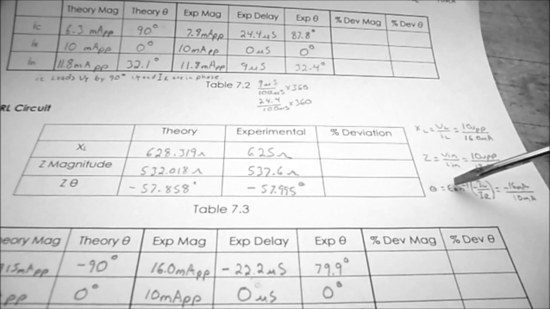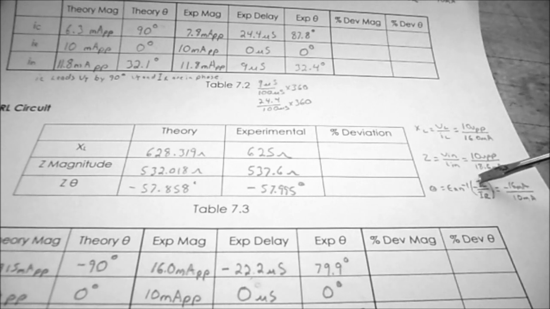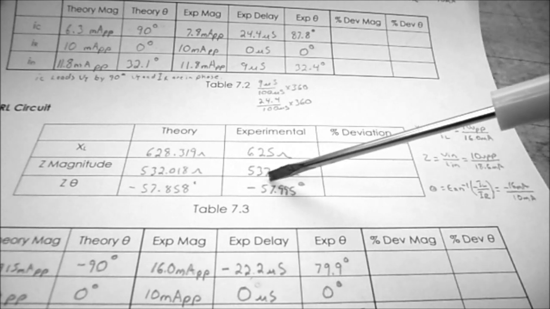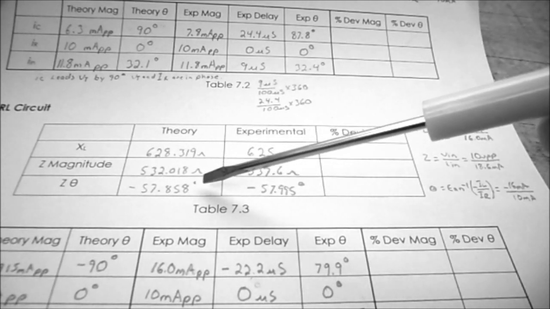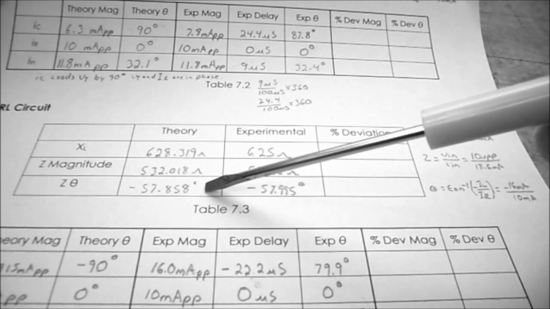And theta is arctan, or tan minus 1, of minus IL over IR, which is the minus 16 milliamps divided by the 10 milliamps, and take the arctan of that, and it works out to minus 57.995 degrees, which again is comparable to my theory.